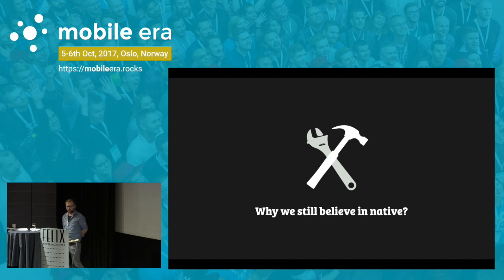So why are we sticking with native? And I can't really speak for the entire team. I know that they have some problems giving up Swift with all the nice features that we get. And I know other people have said that we haven't really seen a good cross-platform solution in action that actually equals success.